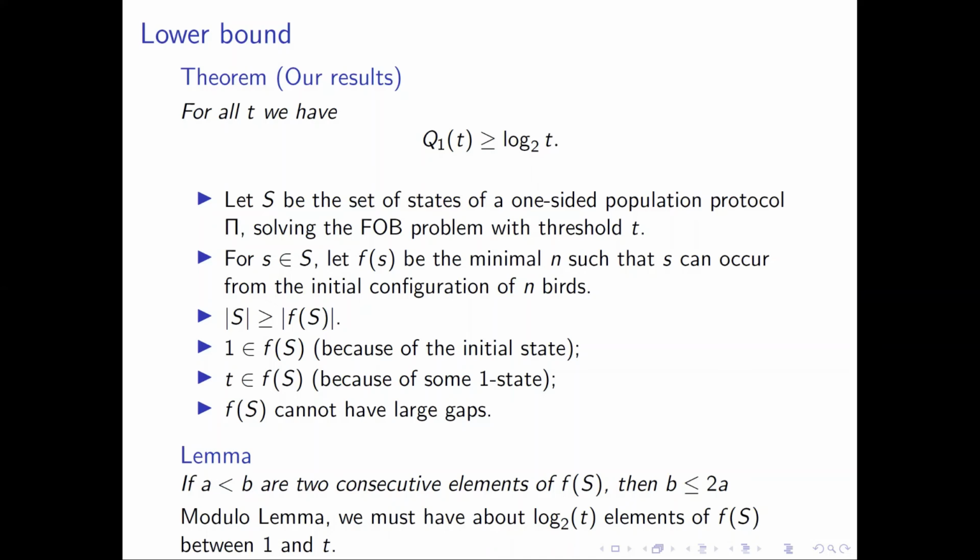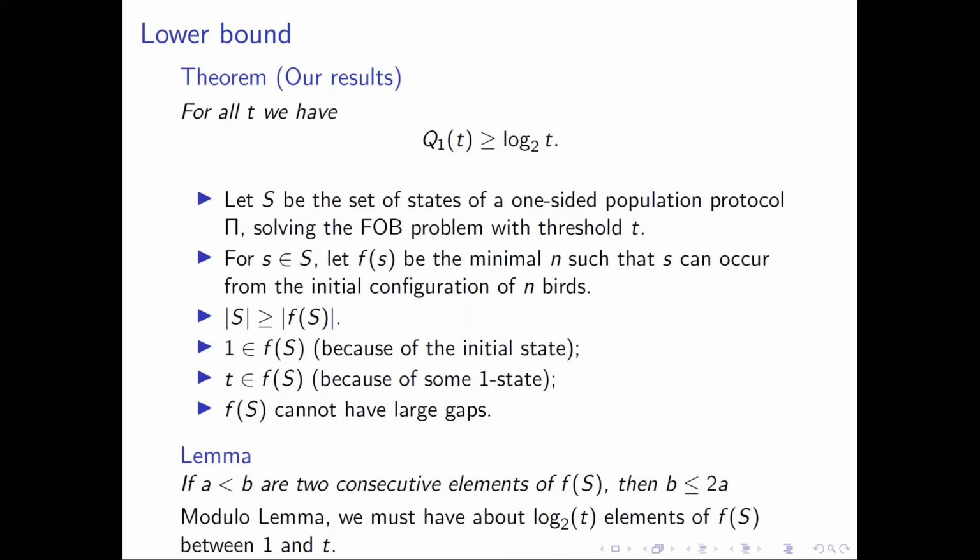So even if you start from the configuration of just one bird, then you already have the initial state. So 1 is equal to f of the initial state. Now, I'm also claiming that t belongs to f of S. So why is that? Okay, t is my threshold, so I consider a configuration of t birds.